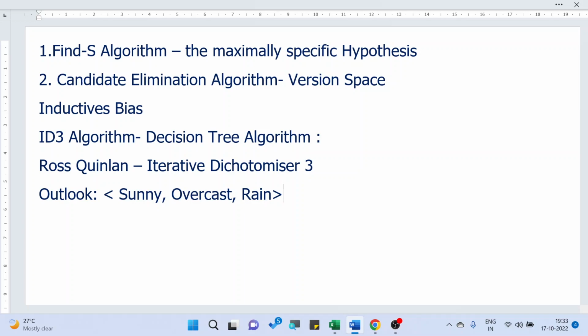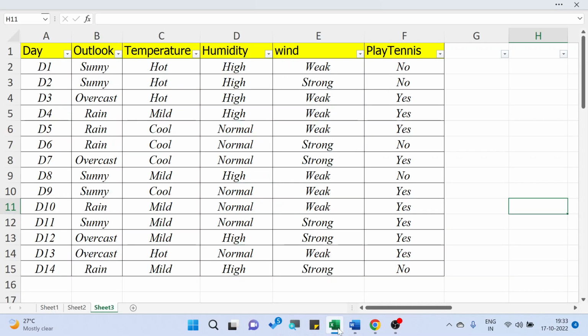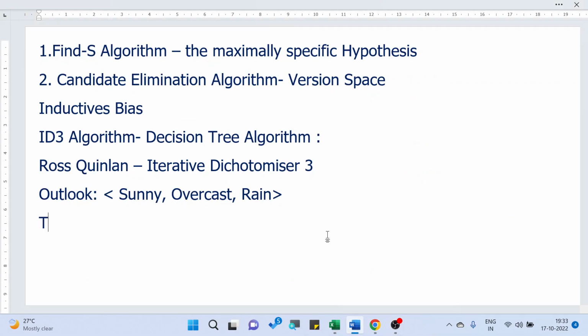These 3 are the values of this first attribute. The second attribute is temperature, and the values it can take are hot, mild or cool. 3 values. So temperature: hot, cool or mild.